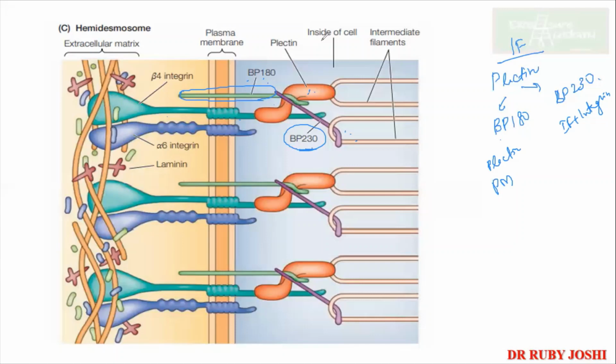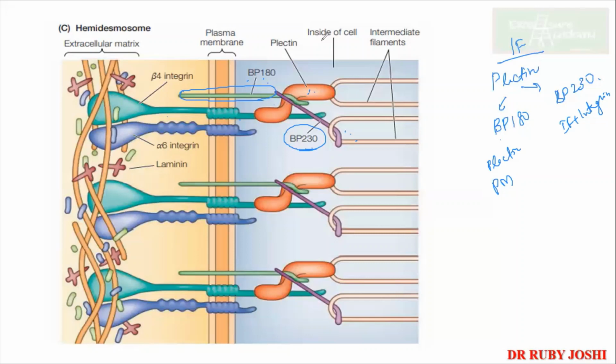So there are intermediate filaments, which are in connection with plectin. Plectin is in association with BP180 and BP230. The BP180 is in connection with plectin, and this helps in anchoring to the plasma membrane. And next, the BP230 is in connection with intermediate filament and the integrins. So integrins are present on the extracellular matrix.